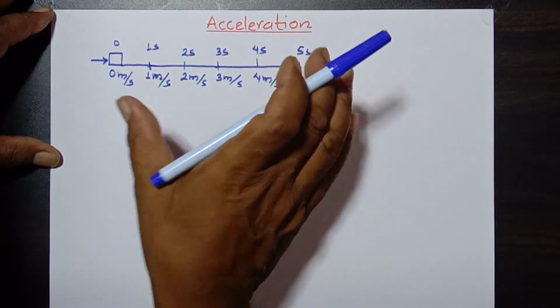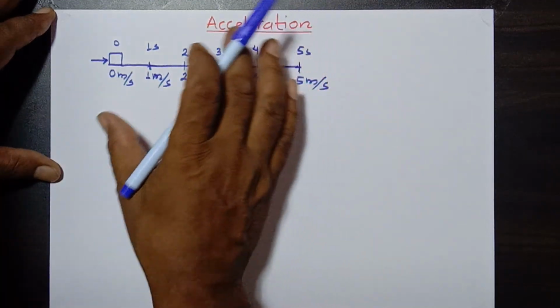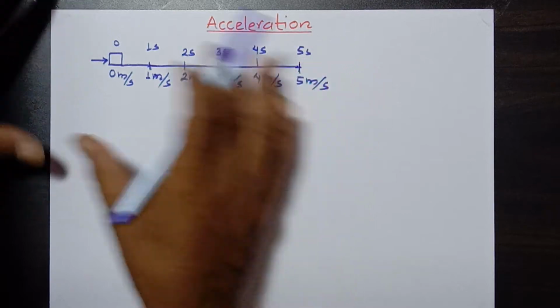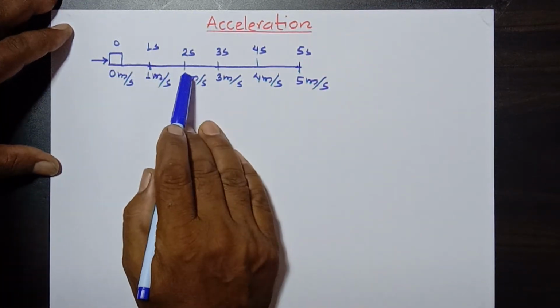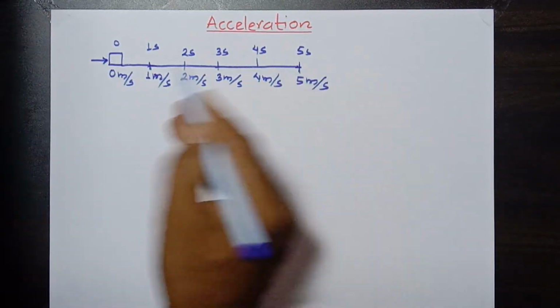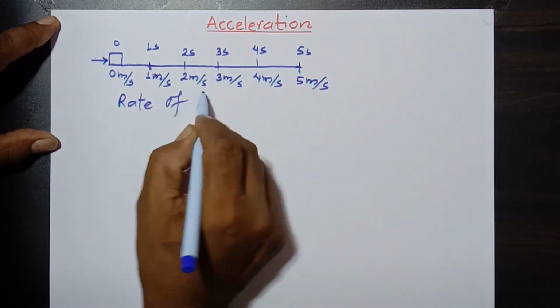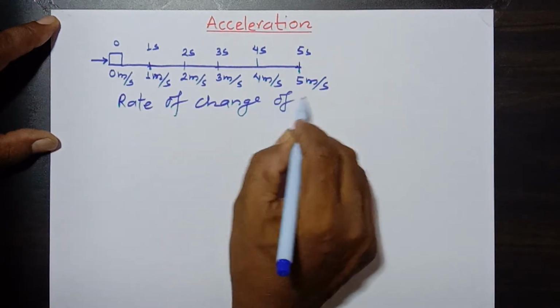The body is accelerating. Now, how can we calculate this acceleration, and how can we define it? Actually, acceleration is the rate of change of velocity.